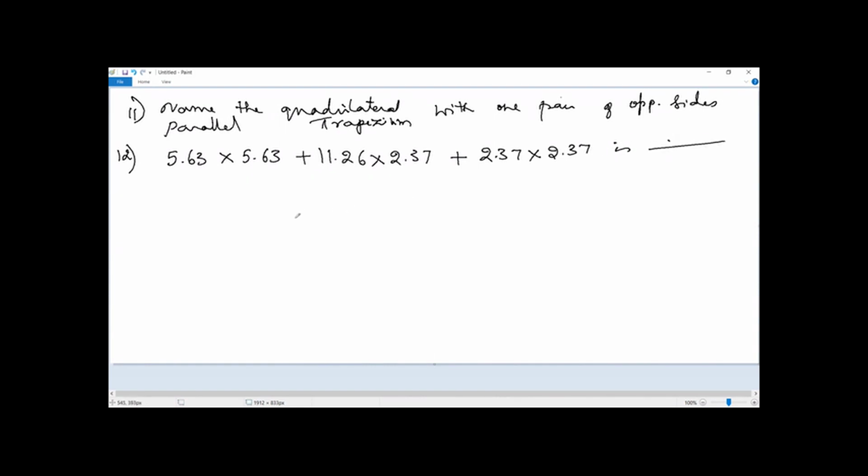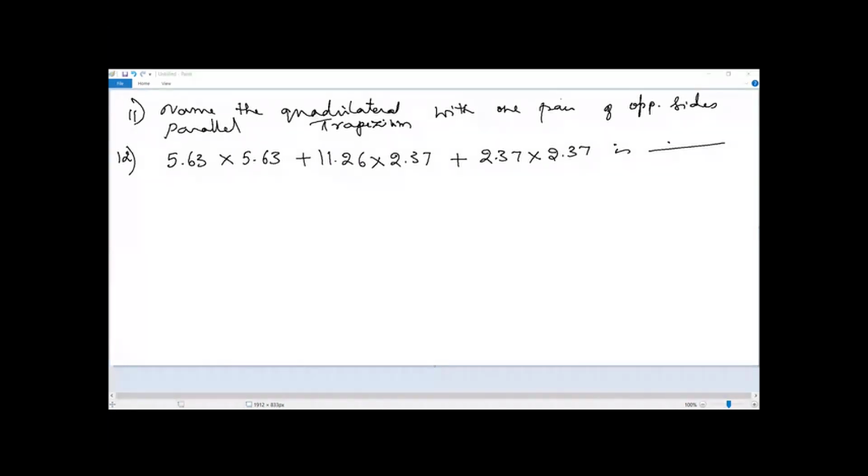Find the value. You should use the identity. Don't multiply. You should not multiply and add. Should use the identity.